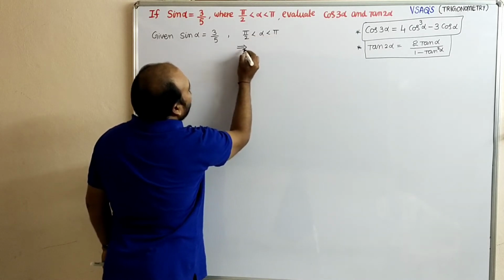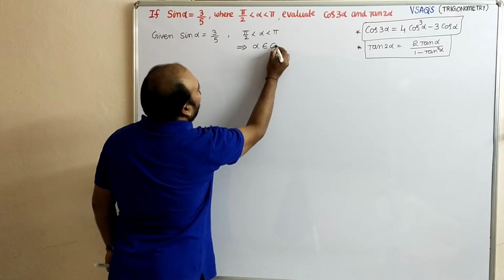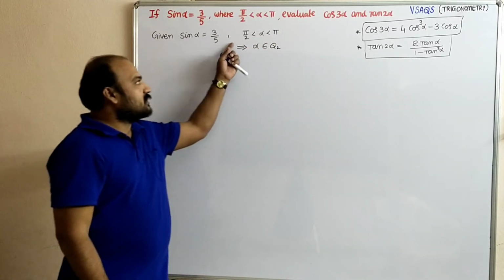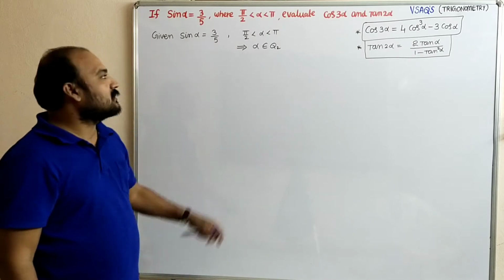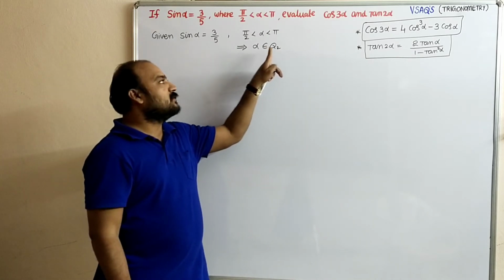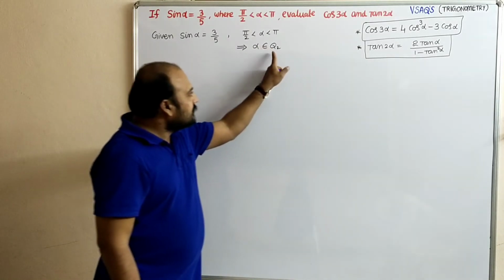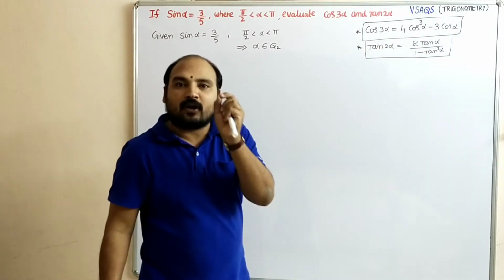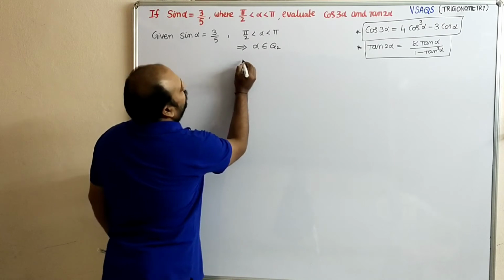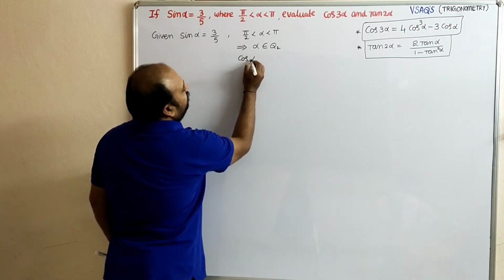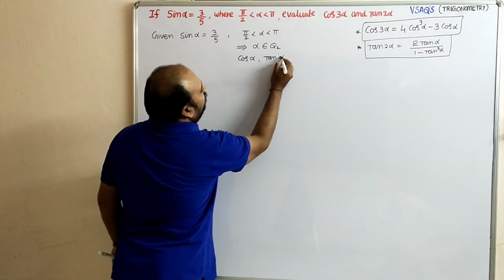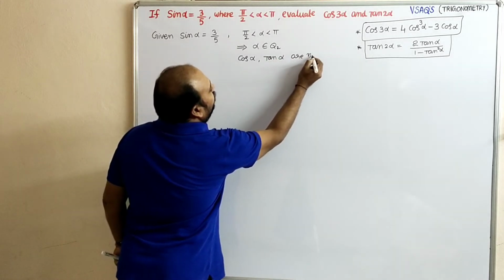That implies that alpha belongs to second quadrant. Pi by 2 is less than alpha is less than pi means the value of alpha belongs to second quadrant. In second quadrant, cos alpha and tan alpha both are negative.